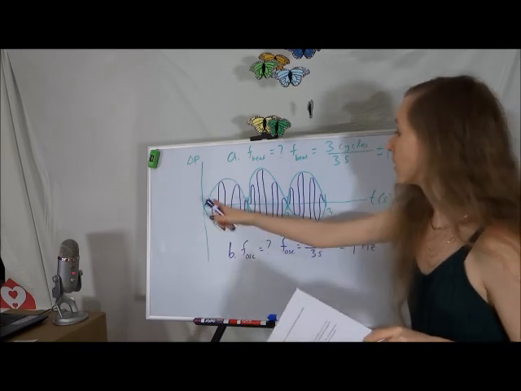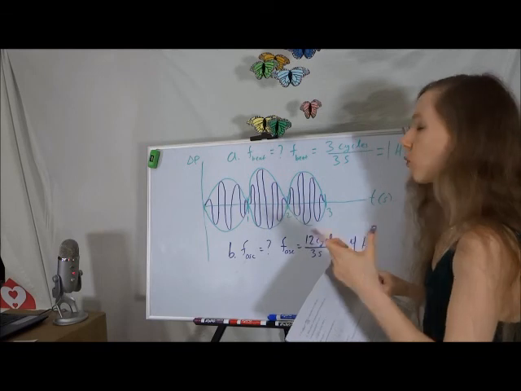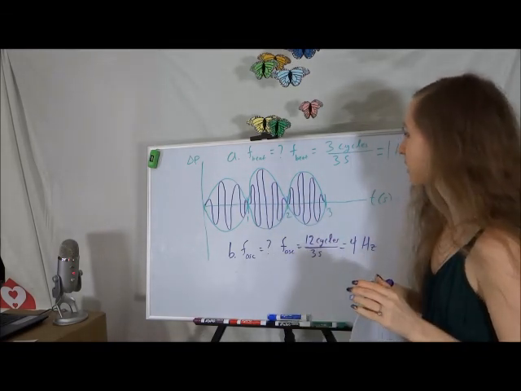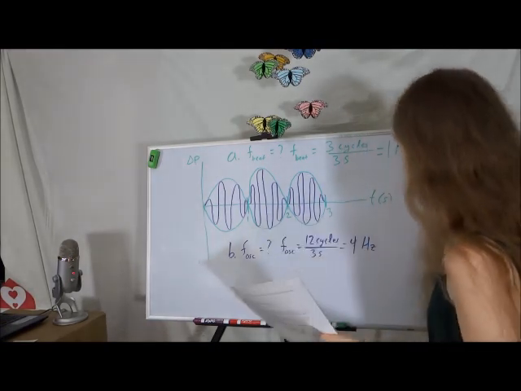Alright, so we know that this pattern is created by the interference of 2 very close waves with frequencies F1 and F2. And so our last thing is we want to know what is F1 and what is F2. That's our final goal.